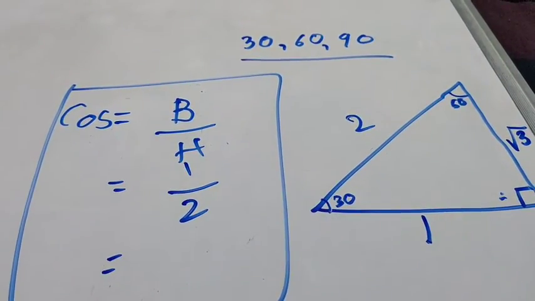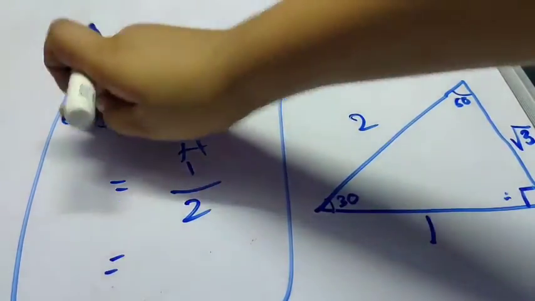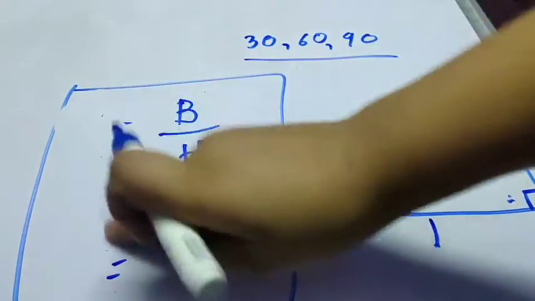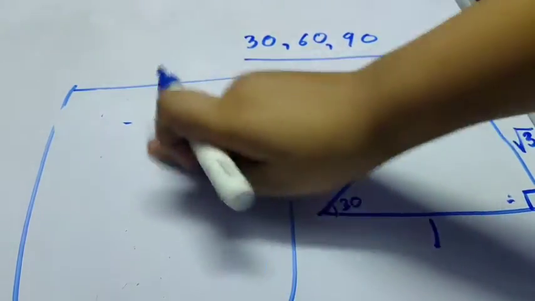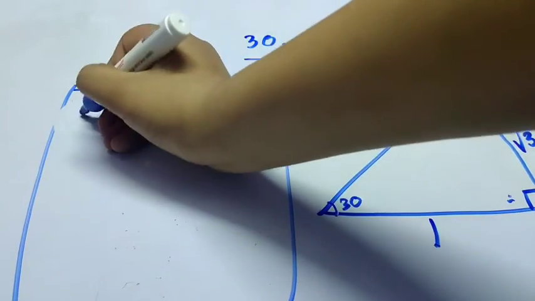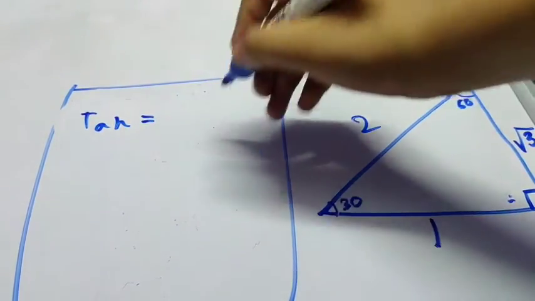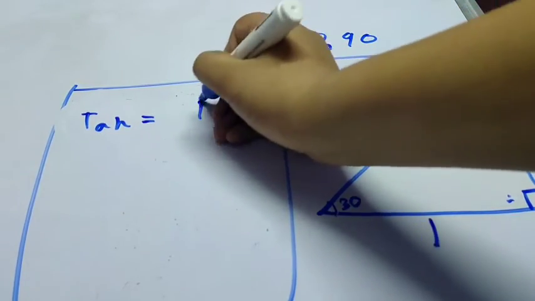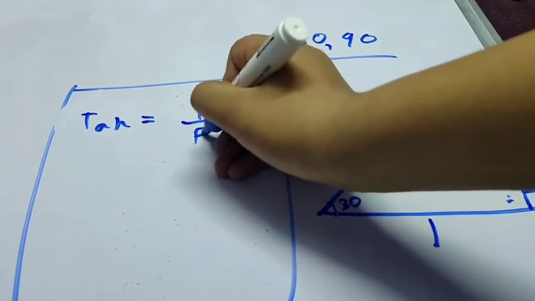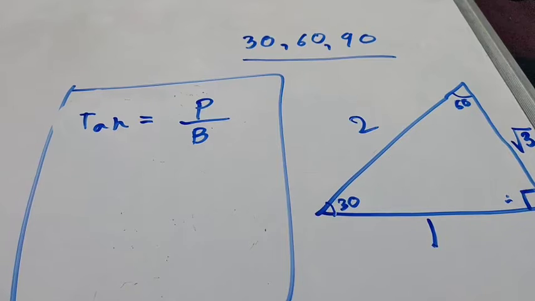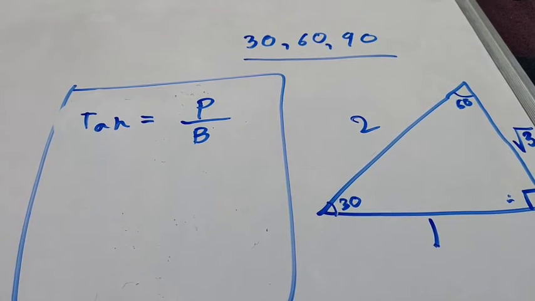Now we'll be finding the value of tan theta. Tan theta is perpendicular upon the base, as I told you, perpendicular upon base.